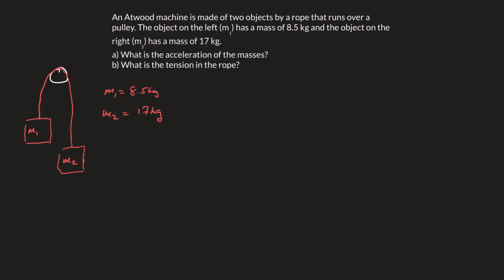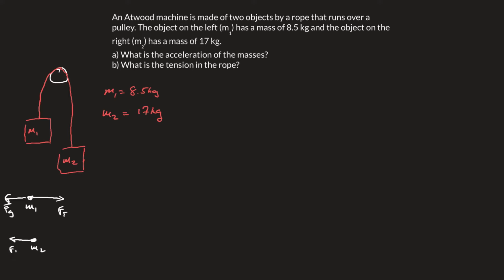So we can redraw this free body diagram a little bit just to help us out. If you're looking at just M1, M1 is going to have some sort of force of gravity as well as some tension from the rope. M2 is going to go the other way.